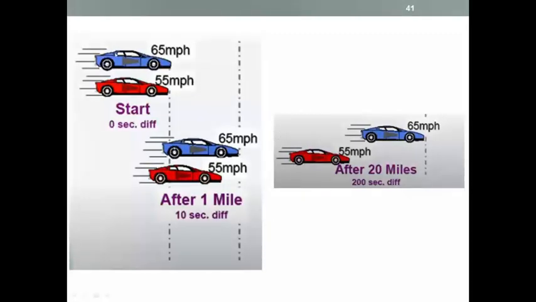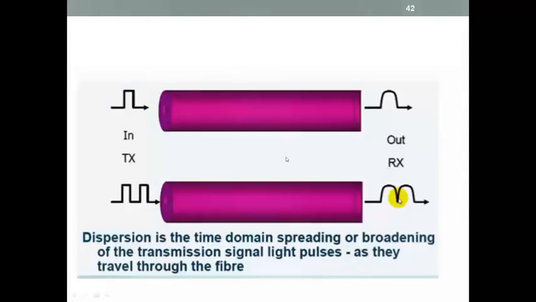If you have a blue signal and a red signal, even though they start at the same time, after a while the red signal might face a delay, and after a longer distance the red does not reach when the blue reaches the other end. This is what happens during transmission, and during reception you have ISI. Dispersion is the time domain spreading or broadening of the transmitted light pulse as it travels through the waveguide.